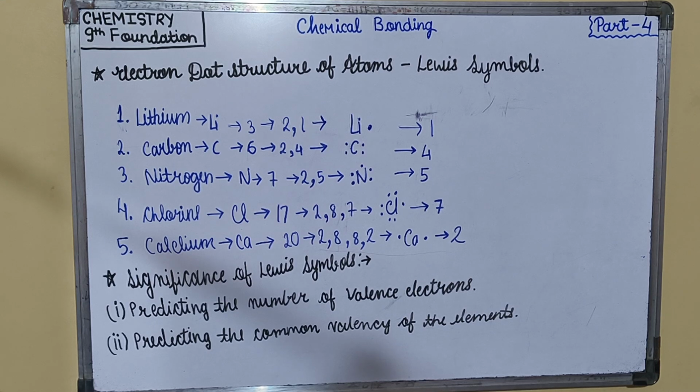The number of electrons present in the outermost shell is the common valency of the element. The common valency of the element is equal to the number of dots around the symbol. I hope you have understood till this.